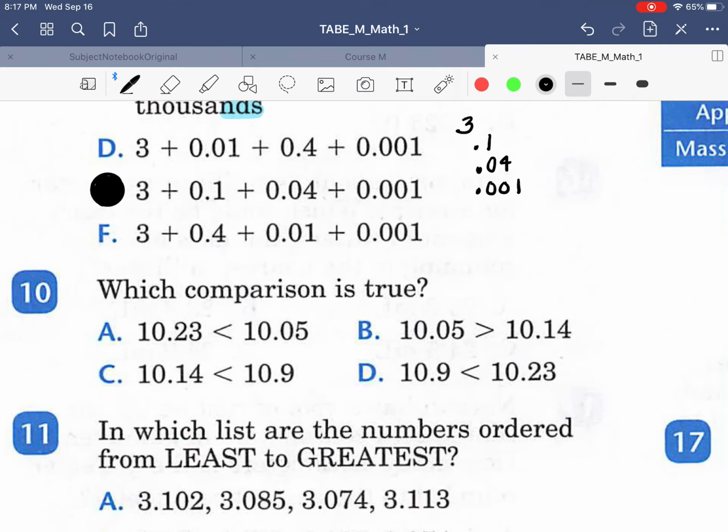That is not true. 10.14 is less than 10.9. Go ahead and add a 0 there. I'm liking that one. And finally, 10.9, you can add a 0, is less than 10.23. That is not true. So the answer to number 10 is C.